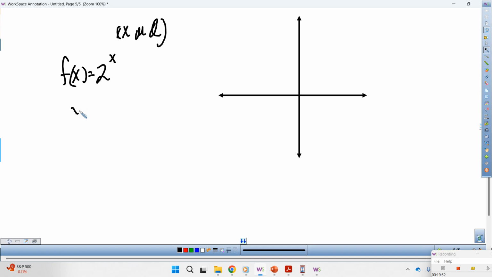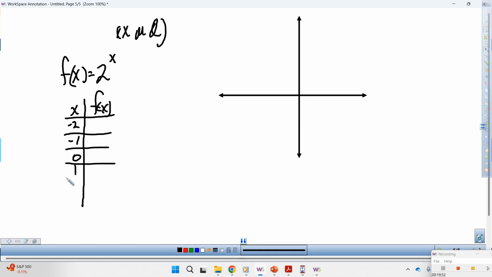If we have our table x, f of x, once again, we got -2, -1, 0, 1, 2. For the sake of time, we substitute -2 there. It's 1/4. This is 1/2. This is 1, 2, and 4.